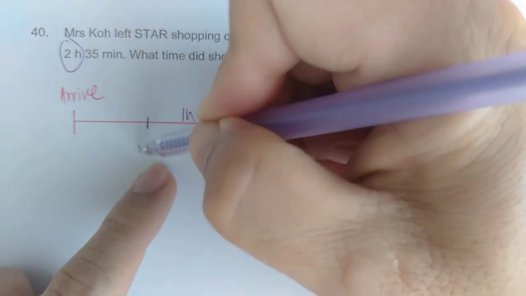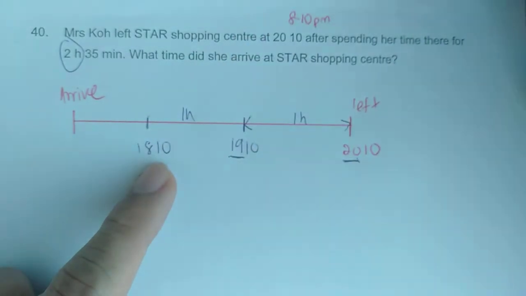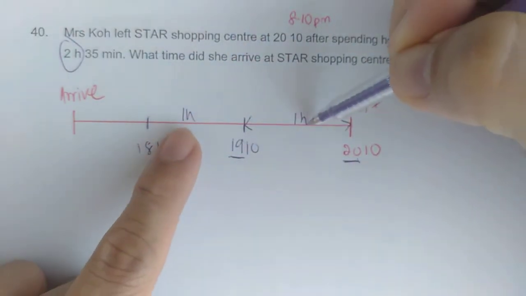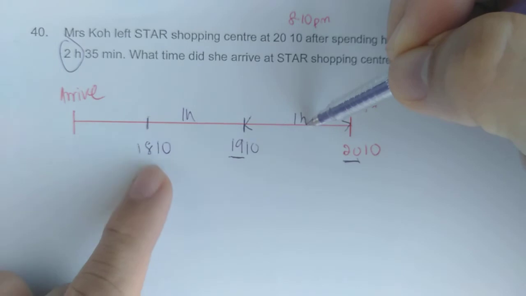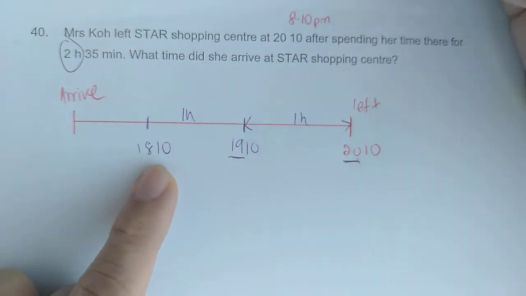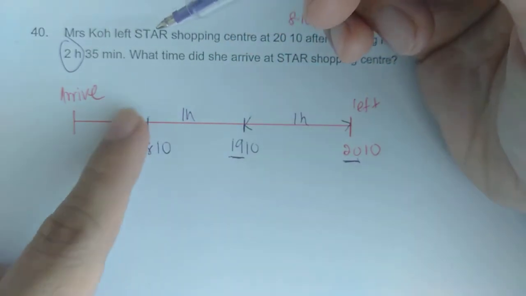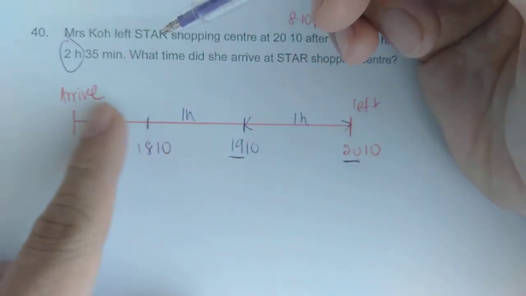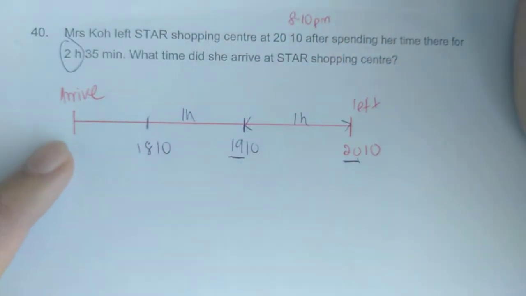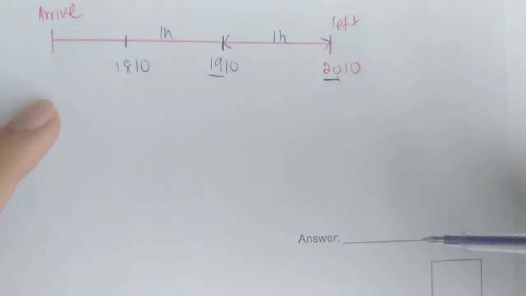Good. That will be 18, 10. I've done 2 hours here with you up to 18:10. Now you need to figure out the remaining 35 minutes. How do you fit in 35 minutes here to get your starting time of arrival? Once you have counted this, you can write down your answer.